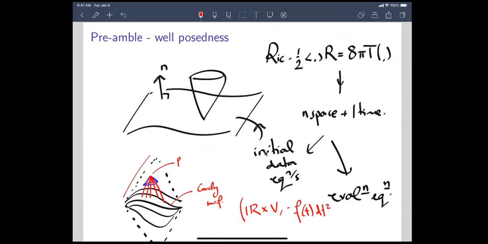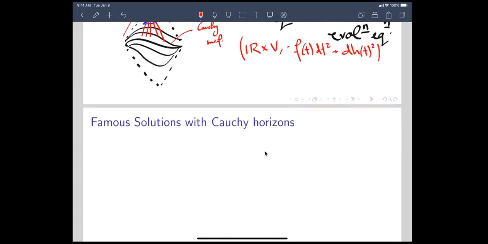So you have some factor which tells you how it's varying in time, and then you have some metric which is also varying in time and in space, of course, where H is induced on the manifold V, V being a space-like Riemannian manifold. Good. So this is the preamble, right?